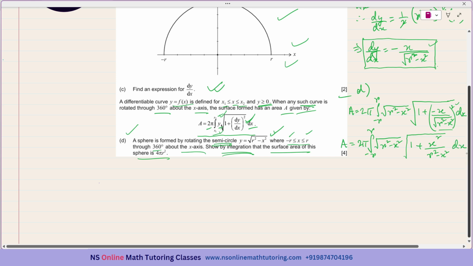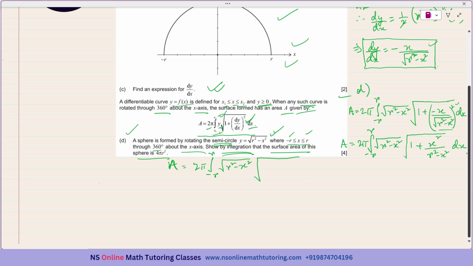Let me come to this place. A equal to 2 pi, minus r to plus r, square root of r square minus x square under root. Actually, the integral sign should be coming down.